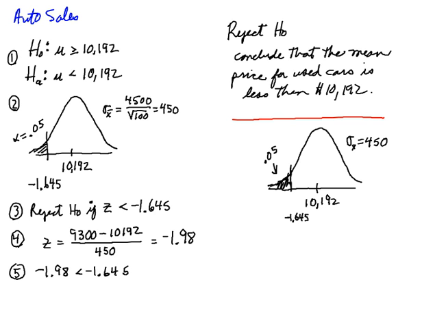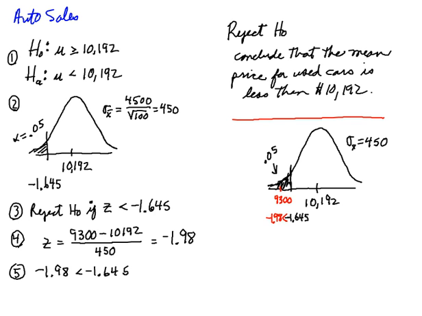The negative 1.98 is to the left of negative 1.645, indicating that the 9,300 was further out than it had to be for the rejection.